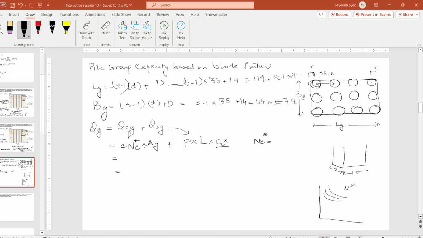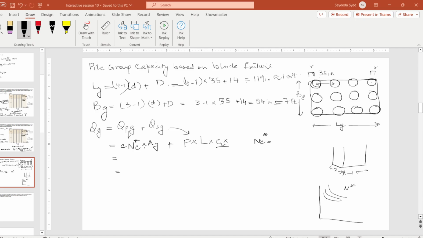So our group capacity will be, this is 1050 into 8.75 multiplied by our area. I'm taking this as 119 by 12 and I'm taking this as 7 itself so that I don't have to divide again.